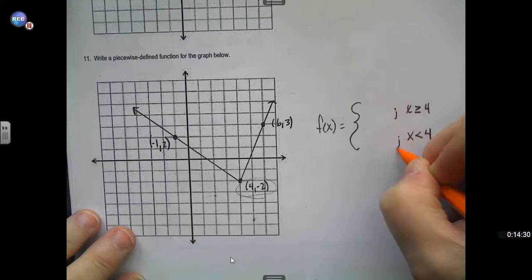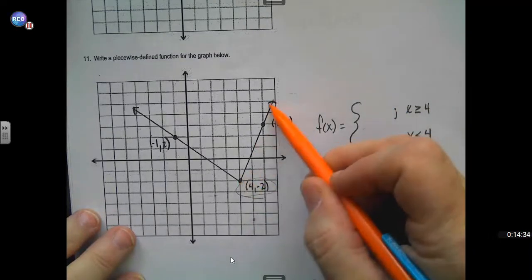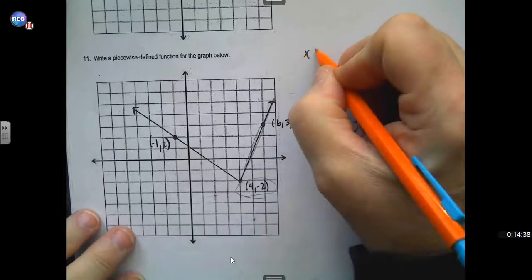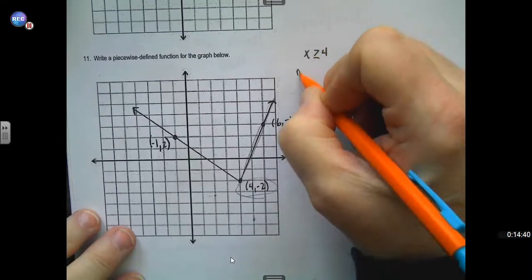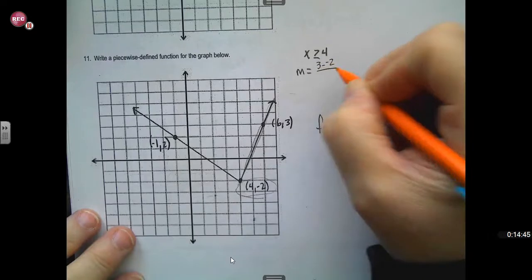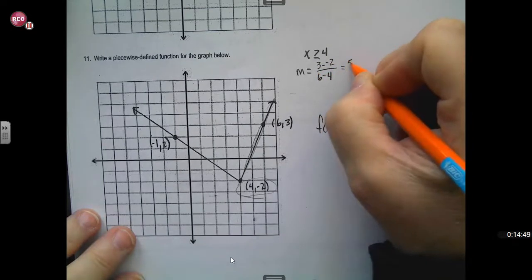That's my swing point. So for x greater than or equal to 4, that's this line, okay? So the slope of that line is 3 minus -2 over 6 minus 4, or 5/2.